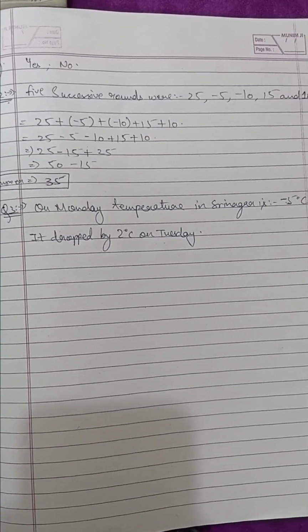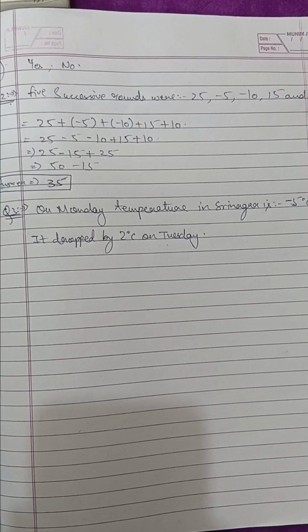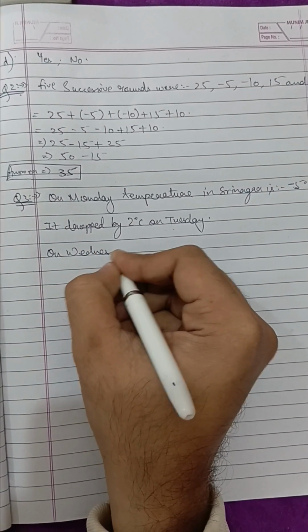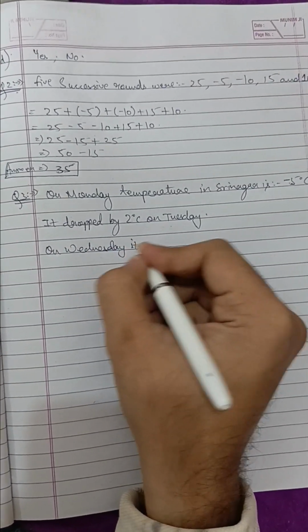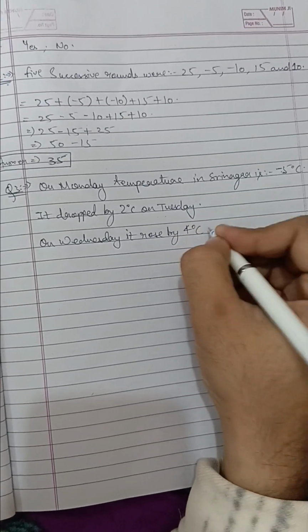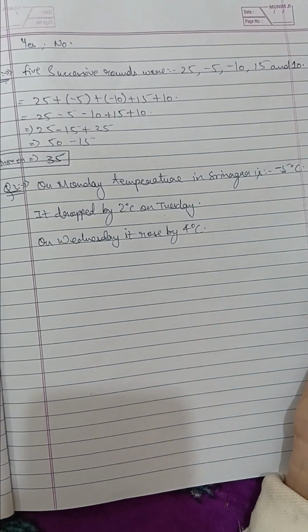First question is, it dropped by 2 degrees Celsius on Tuesday. On Wednesday, it rose by 4 degrees Celsius.